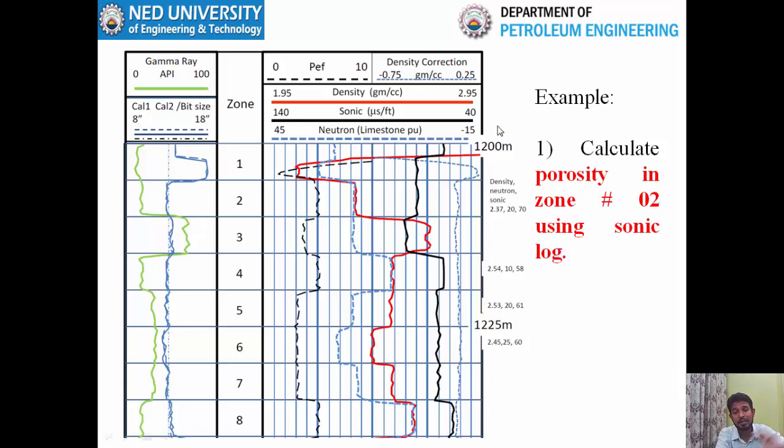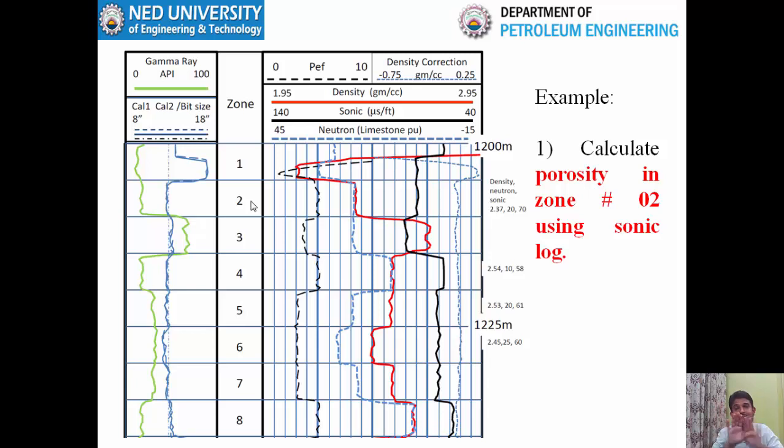But during exams and exercises, you need to calculate porosities from all available data. So if this exercise has been provided to you, in zone number 2 you will calculate porosity using neutron, using density, and using sonic log. If the answers are similar, the approaches you have used are correct.